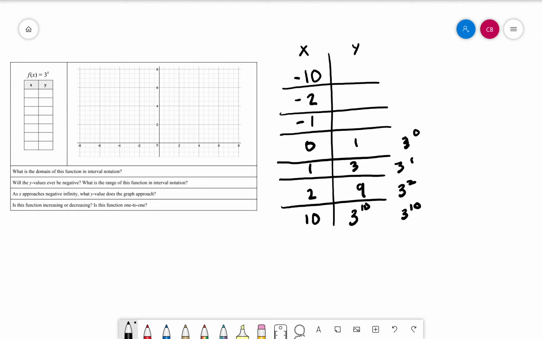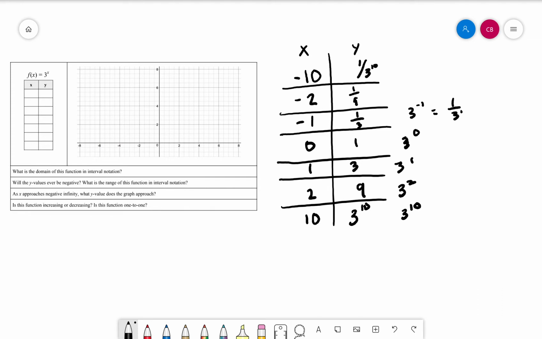Okay. So, if we do the negatives, remember a negative power is going to flip it. So this is going to be 1 over 3 to the 1, which is simply just 1/3, 1/9, and 1 over 3 to the 10.